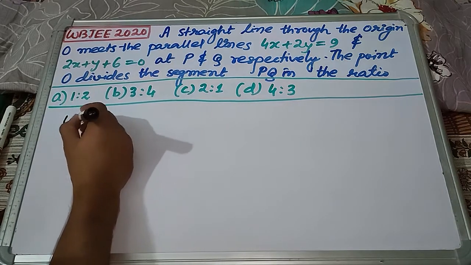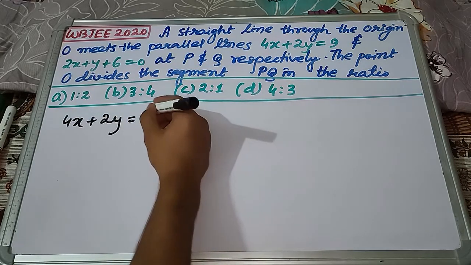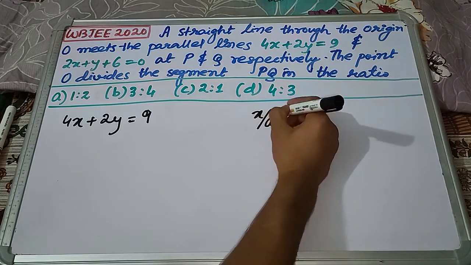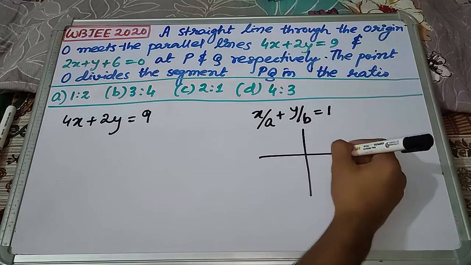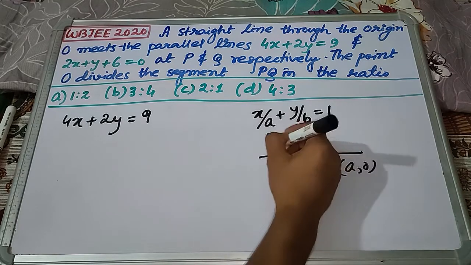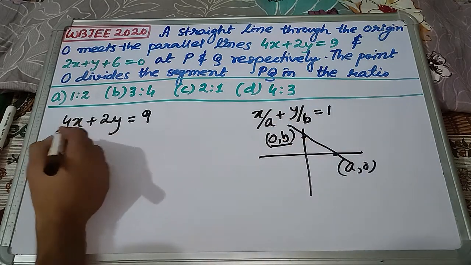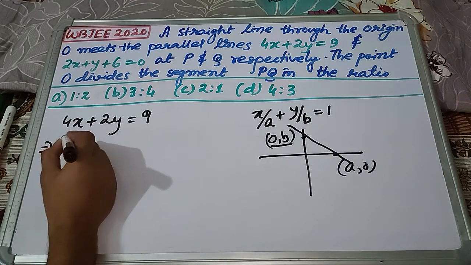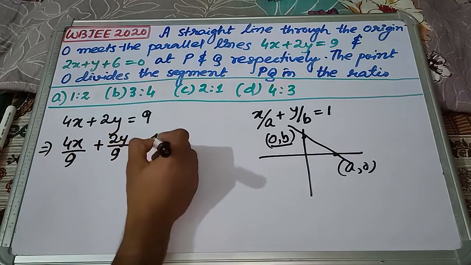The first line is 4x plus 2y equals 9. How can we draw this line? We will use the format x by a plus y by b equals 1, where a and b are the x intercept and y intercept respectively, a comma 0 and 0 comma b. Now let us convert it to this format. 4x by 9 plus 2y by 9 equals 1.